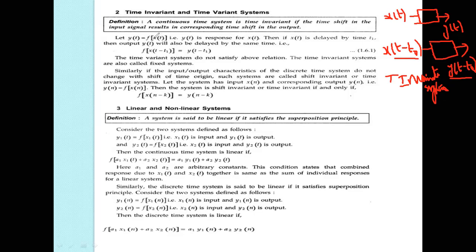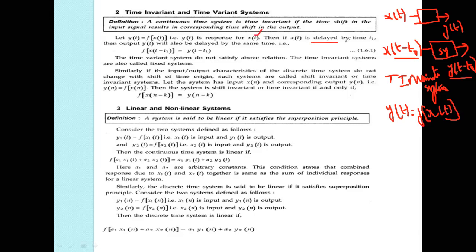Let y of t be a function of x of t. When it passes through the system, mathematically we can represent y of t equal to f of x of t. Y of t is the response of x of t.